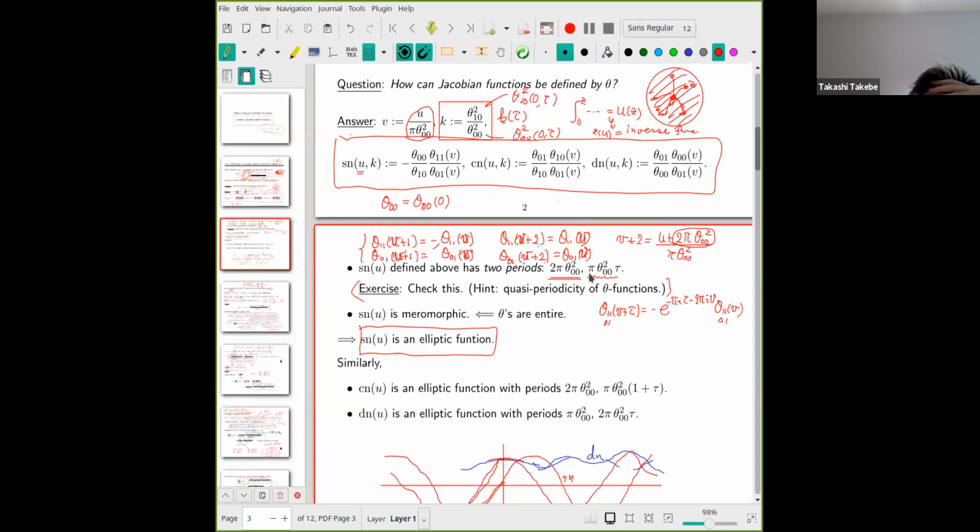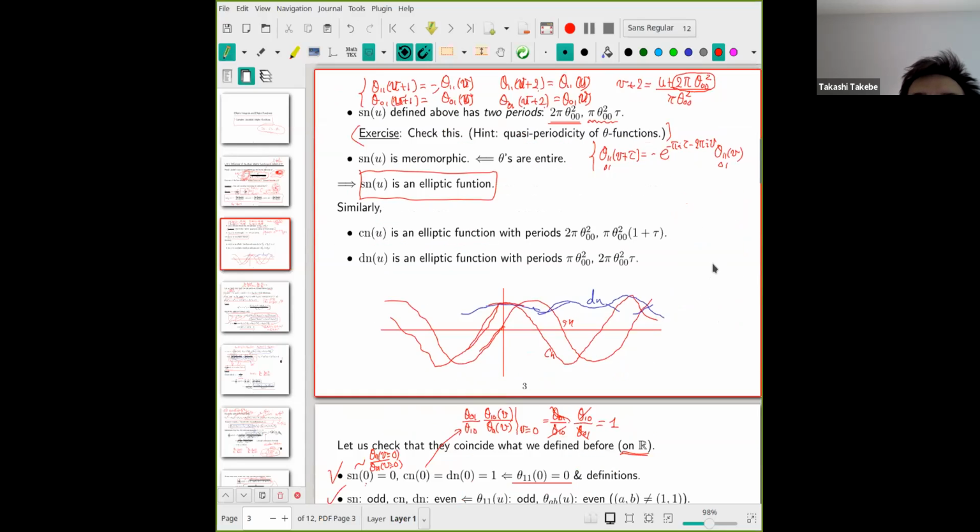Similarly, it has another period, which comes from the periodicity of thetas. And as thetas are entire functions, the ratio is of course meromorphic. So this is an elliptic function. Similarly, Cn and Dn defined by these formulae are elliptic functions. Fine.